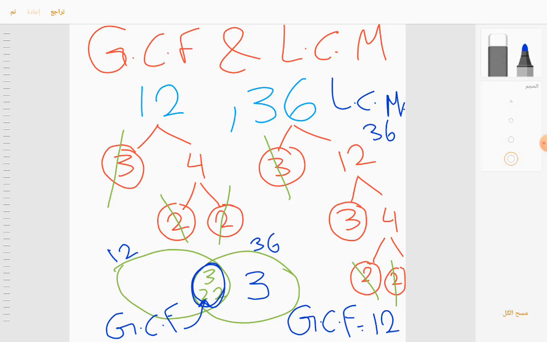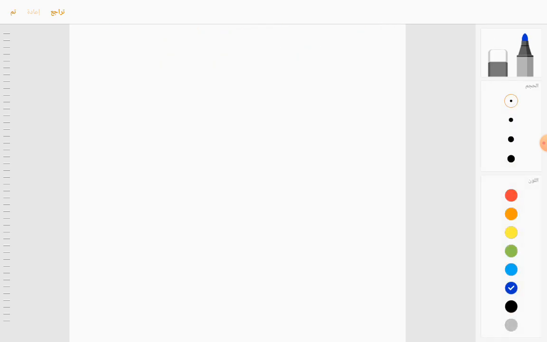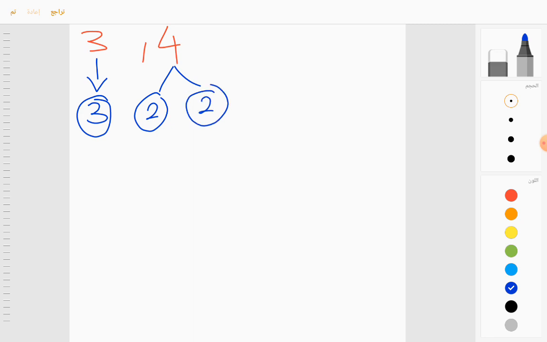Let's take another example. How about getting the GCF and LCM of 3 and 4? First, factorize 3. 3 is 3 times 1, and then 4 is 2 times 2.